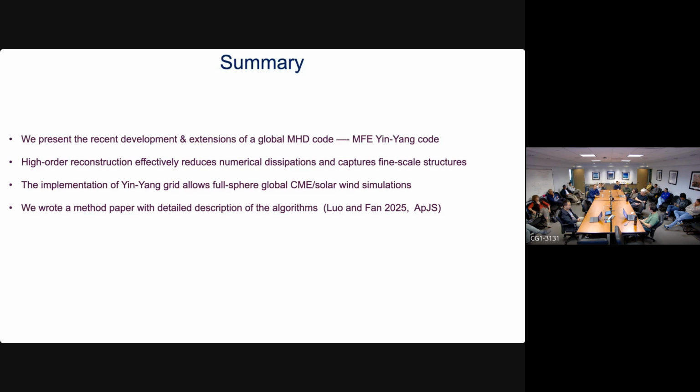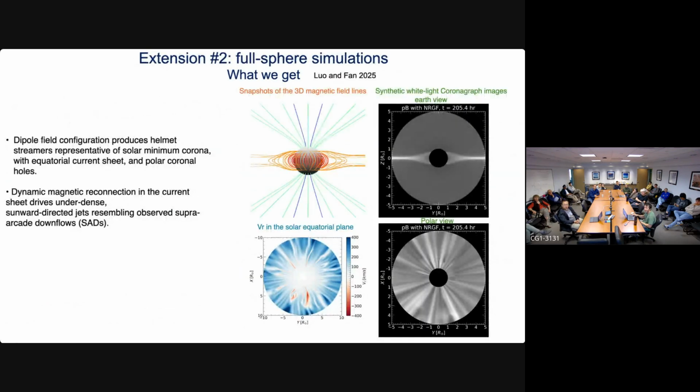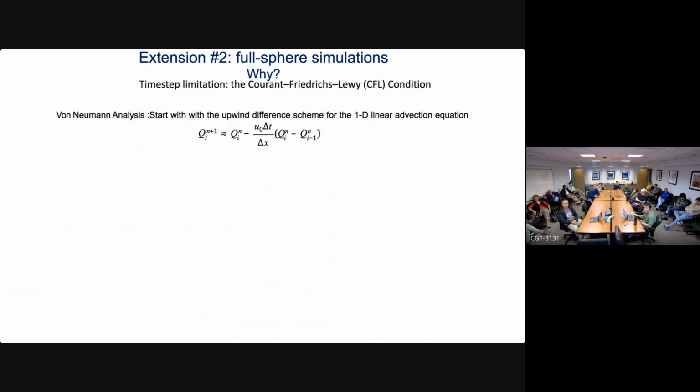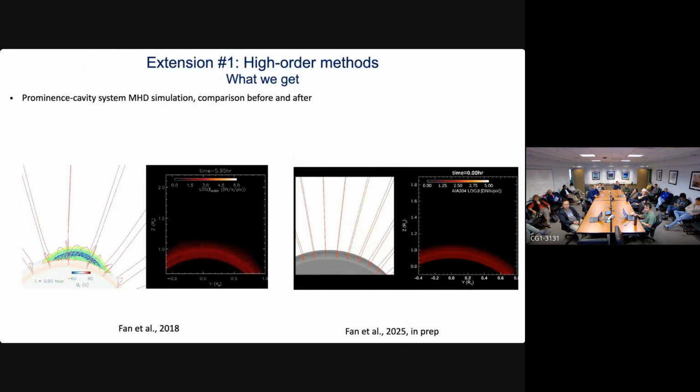I also have a second question. Could you please show the slide where you compare two schemes, the formation of the filament and eruption? Yes. I noticed here that in one of the cases, the eruption happened earlier. In which one, the new scheme or the old scheme?